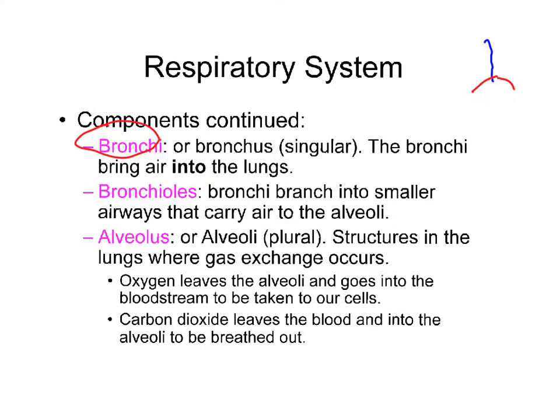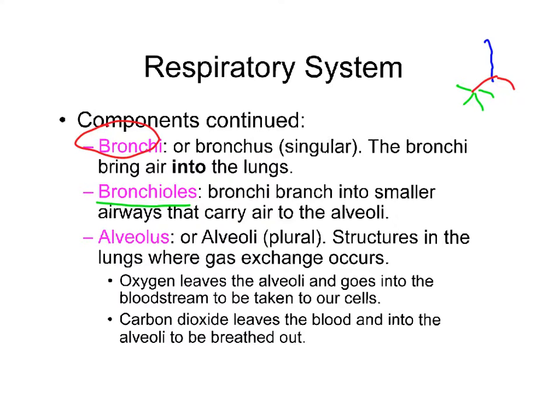So now the air is going to be divided, and then it's going to be further divided into the bronchioles, which are a series of smaller tubes that radiate out from the bronchi. The bronchioles really are dividing that air up. In order to efficiently exchange things between our bodies and the atmosphere, we need a lot of surface area.